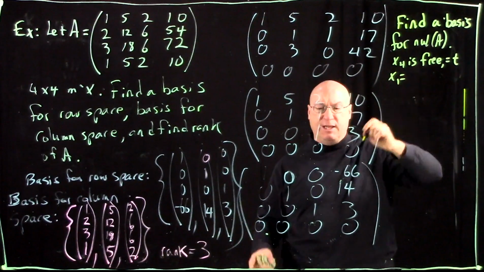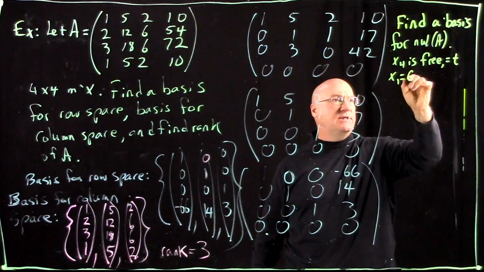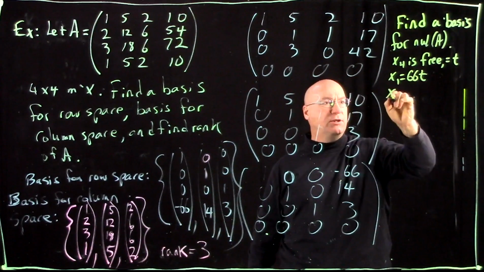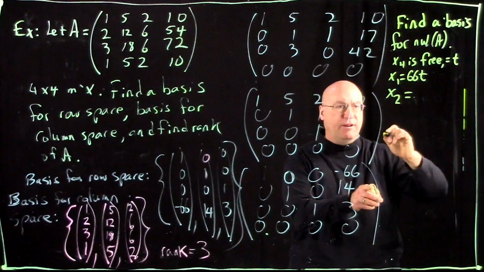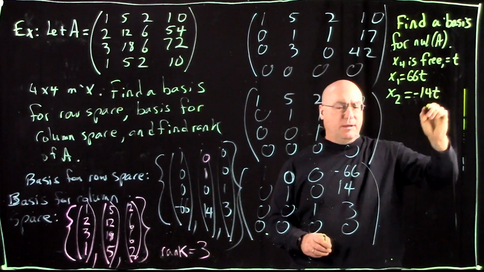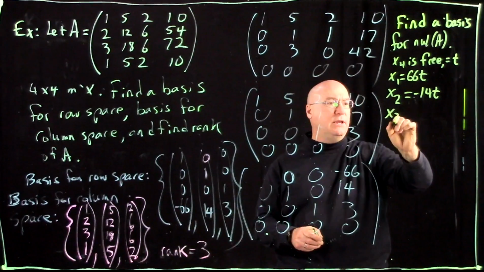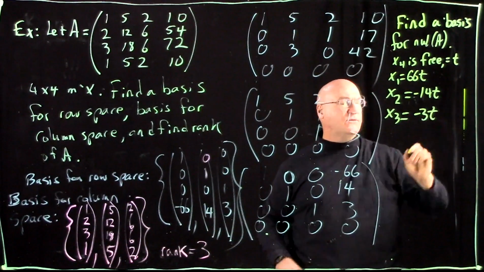X1 is 66 times X4, so it's 66t. X2 is going to be negative 14 X4, and lastly, X3 is going to be negative 3 X4, so negative 3t.